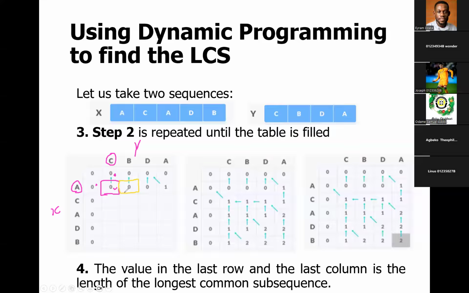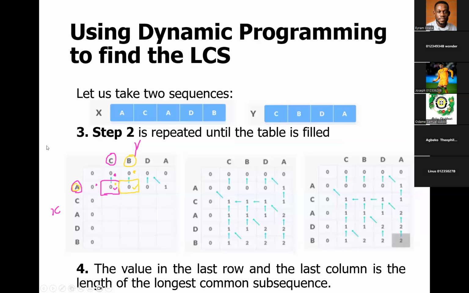Now, if you take this cell, we have A and B. Are they the same? No, sir. So if they are not the same, we take the previous one, which is 0, and then compare it to the one on top, which is the B1, which is also 0. And then we find the highest. The maximum will be 0.